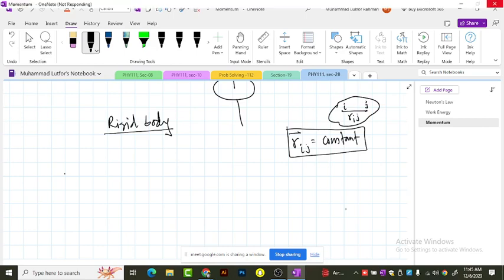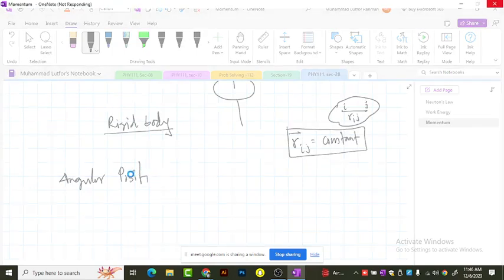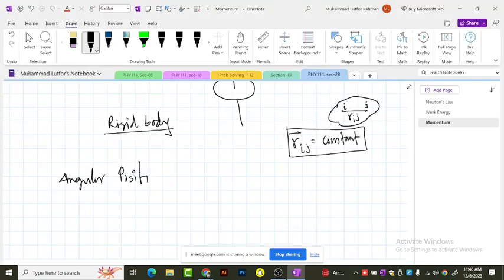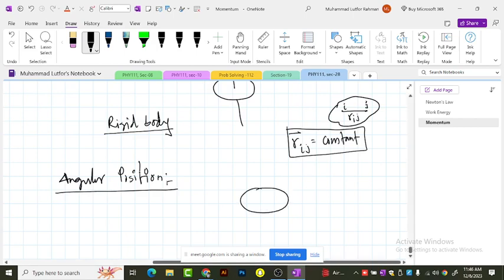The first one is the angular position. It looks exactly analogous to the linear kinematics we use. So let's say this is a rigid body.